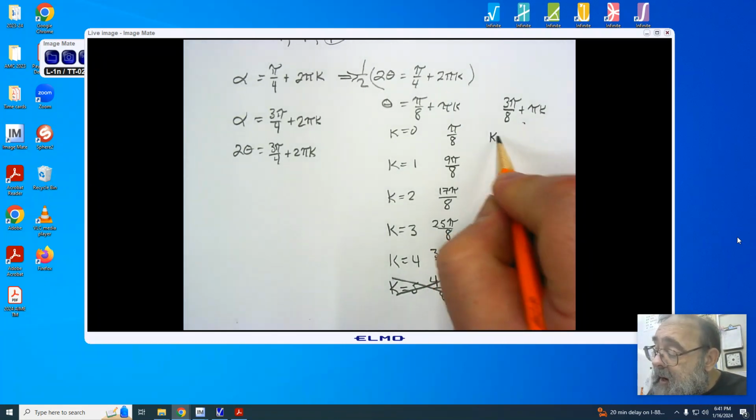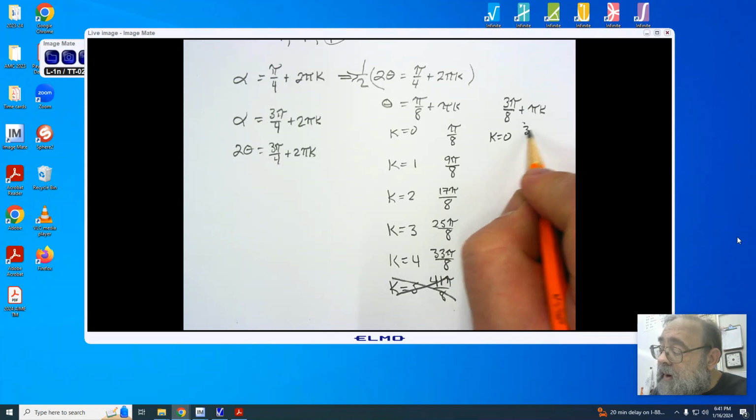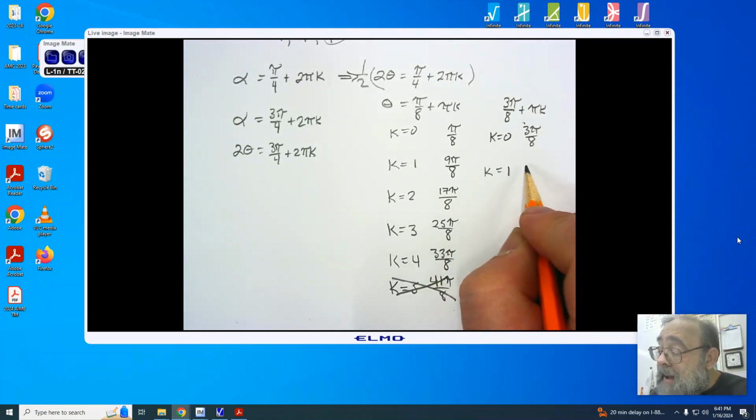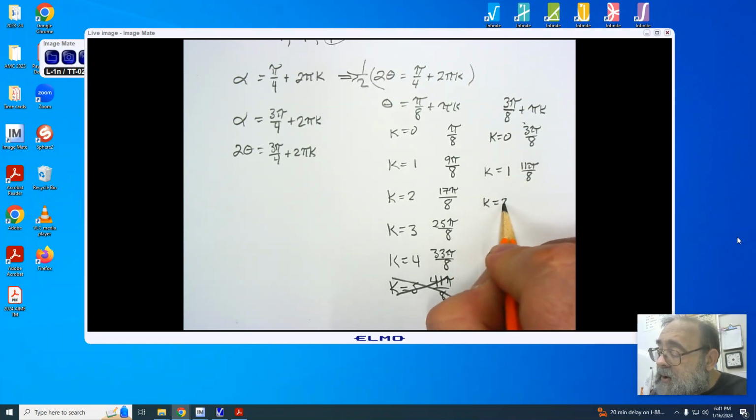We're now going to let k equal 0. I get 3 pi over 8. I let k equal 1, and I'm adding 8 for 11 pi over 8. And I have k equaling 2. That's now 19 pi over 8.